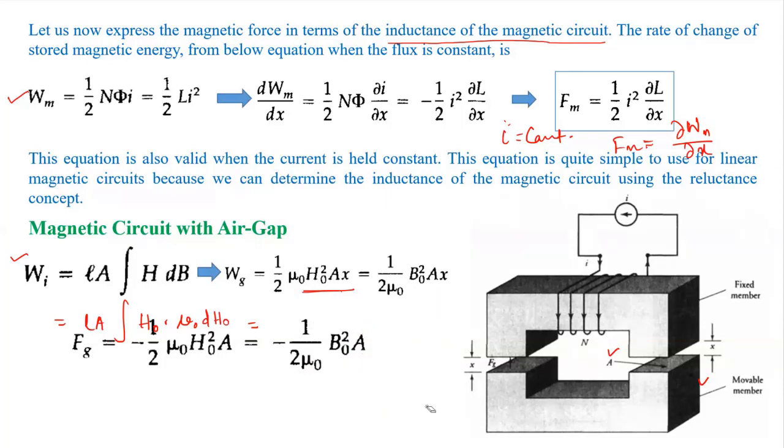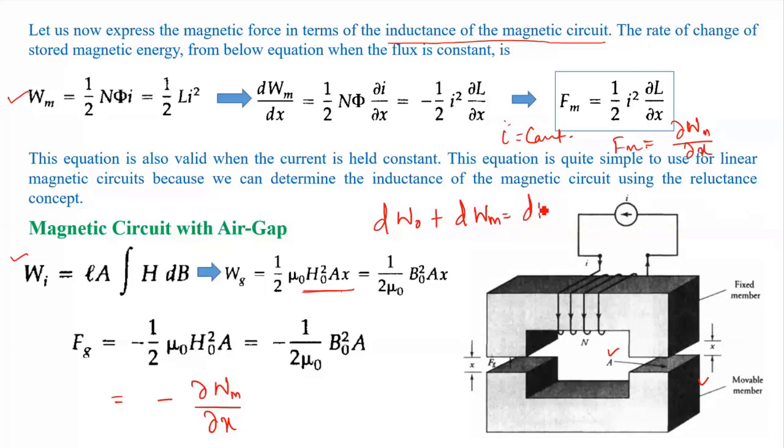The expression for magnetic force, already we know, and because the flux is constant here, I can write this as minus of delta Wm by delta x, just by taking the derivative. Here dWo plus dWm equals dWi, right?